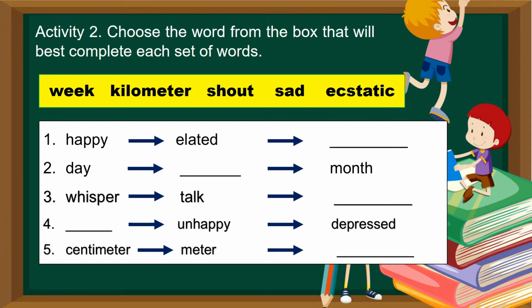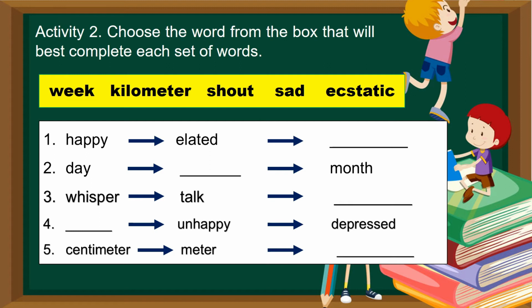For Activity 2, choose the word from the box that will best complete each set of words. The choices inside the box are week, kilometer, shout, sad, ecstatic. Here are the sets of words to be completed.